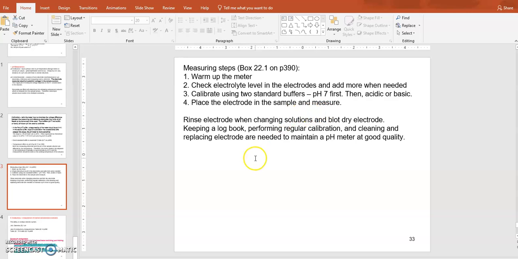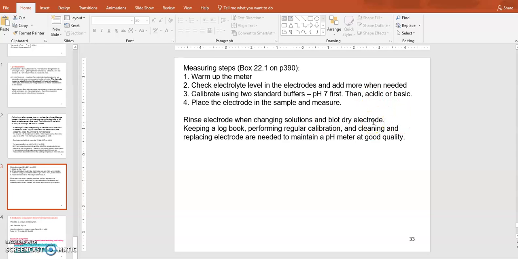And another important thing is, when you remove your pH electrode from one standard solution to another, you have to wash your electrode using deionized water from a squirt bottle. After you rinse and wash it, you have to dry your electrode by dabbing it, or blot drying. Blot drying means you don't wipe it.